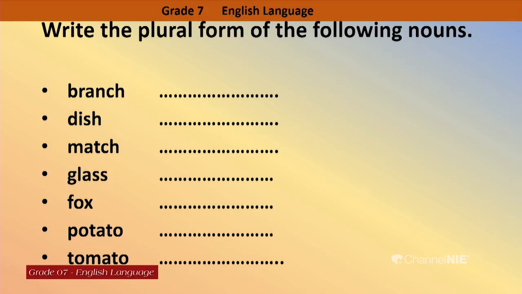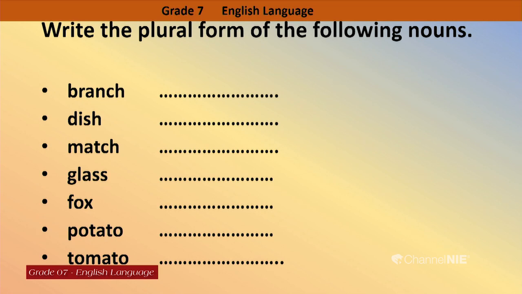Branch. Look at the letters B-R-A-N-C-H. At the end of the word, you find the letters C-H. Now, you know how to make it into a plural noun. Dish. Again, you have D-I-S-H. The word ends with S-H.